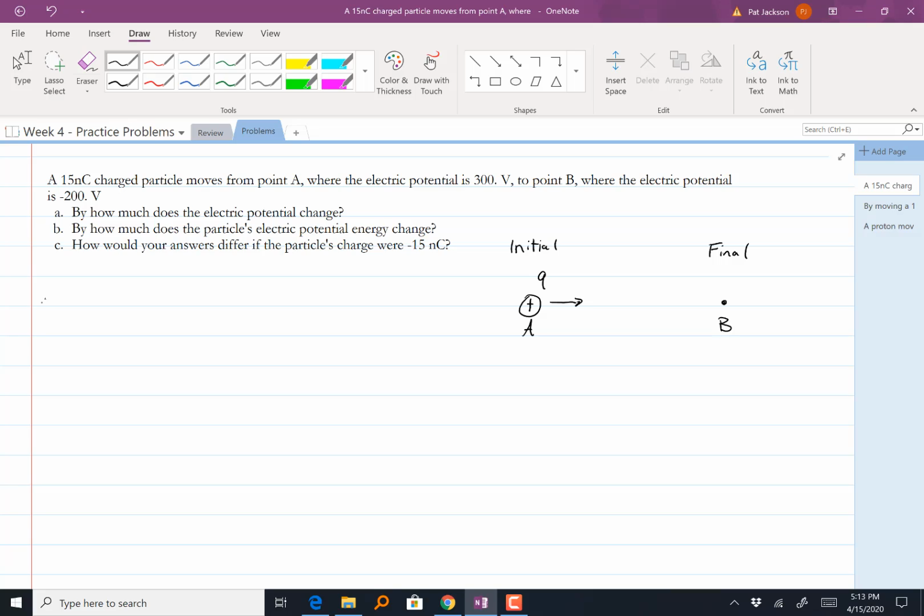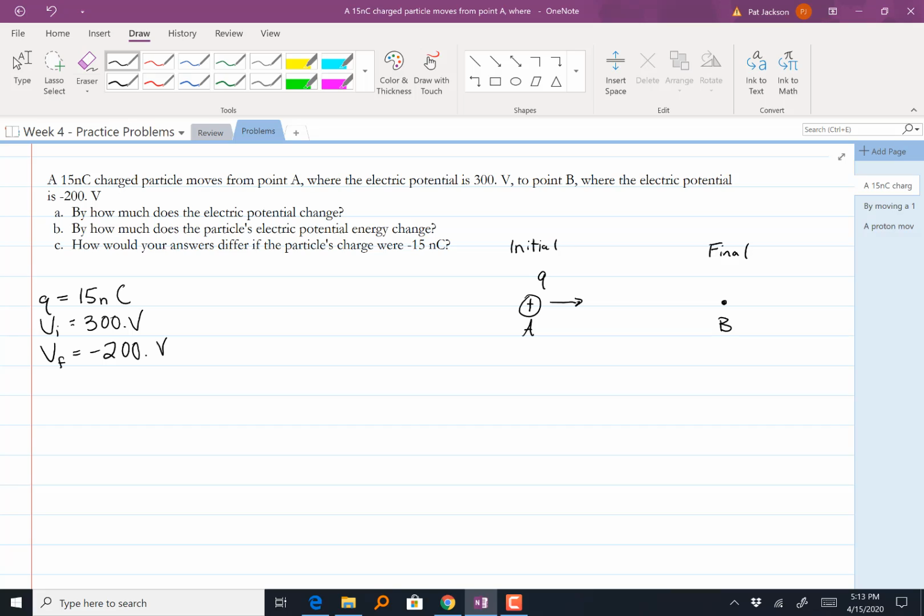Alright, so Q is equal to 15 nanocoulombs. And then I can have my initial and final voltages as well. And so the first part of this question is saying by how much does the electric potential change?